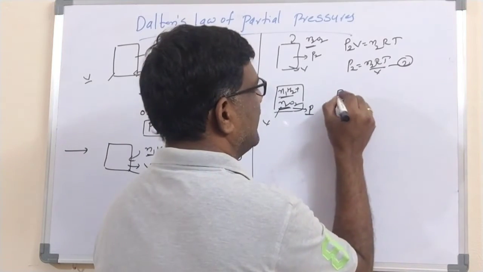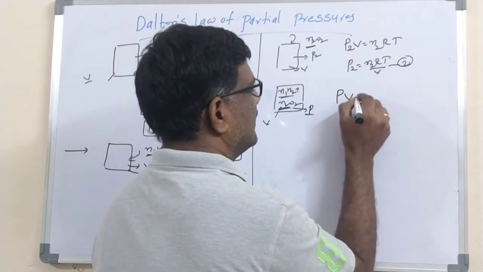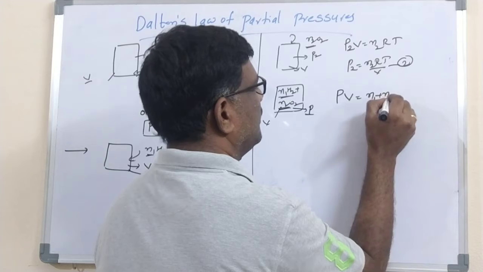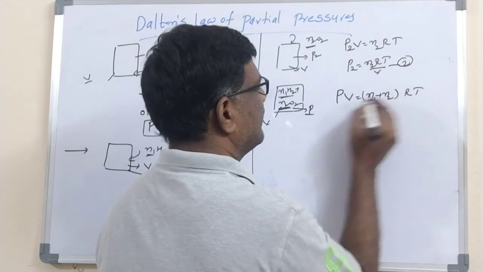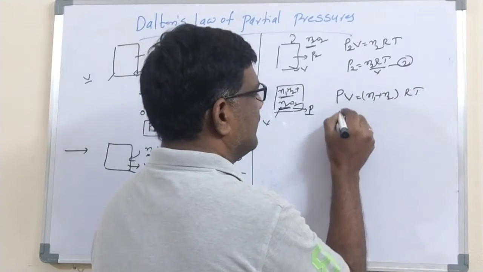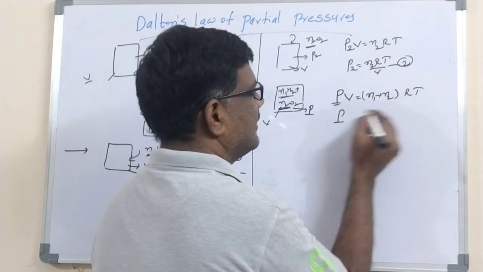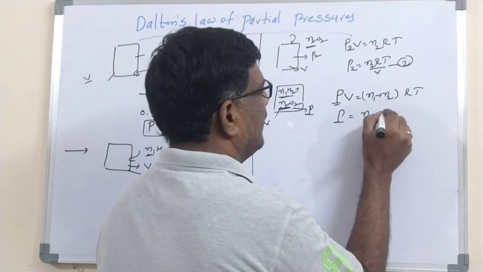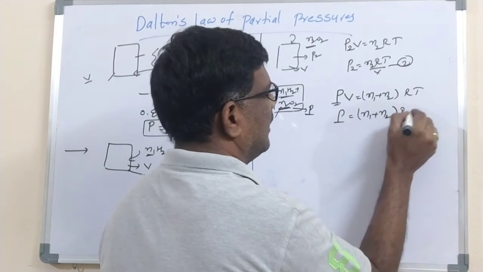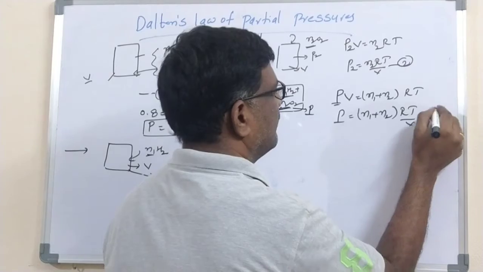According to the ideal gas equation, PV is equal to (N1 plus N2)RT. Sending the V to the other side, P is equal to (N1 plus N2) times RT by V. Let us call this equation number 3.